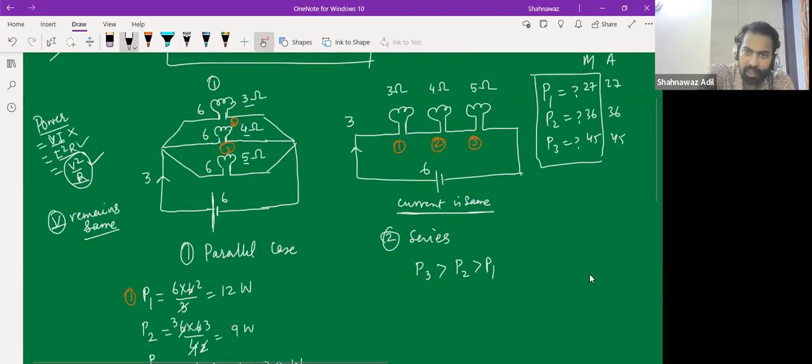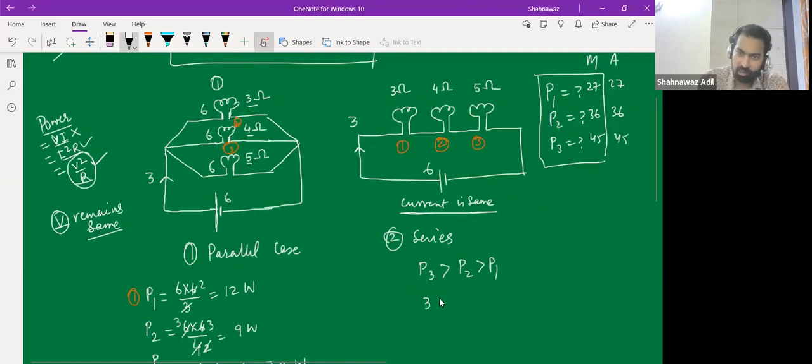So the third bulb will glow brighter than the second, and the first is the dimmest. So the combination is very important in the case of bulbs. If we want the higher resistance bulb to glow brighter, we connect them in series. If we want the lower resistance one to glow brighter, we connect them in parallel. This is the idea.